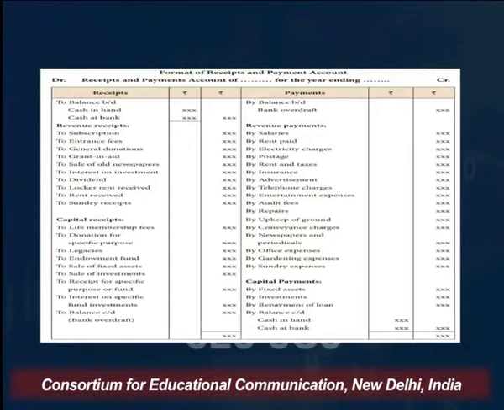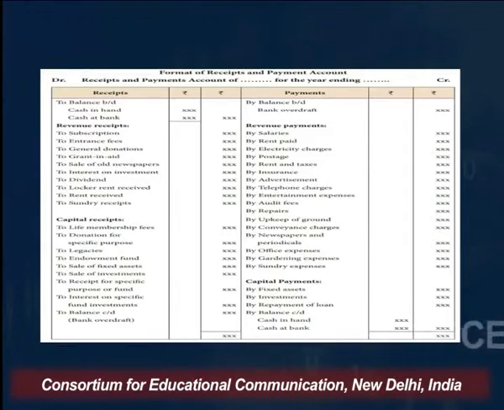The first item, as you see, is the balance brought down, right? In the balance brought down, we have two heads, cash in hand and the bank balance or cash at bank, right? The sum of these two is written together in the outer column of amount. Okay.